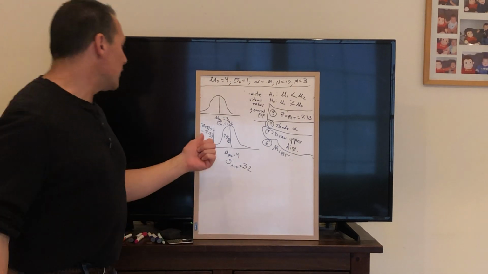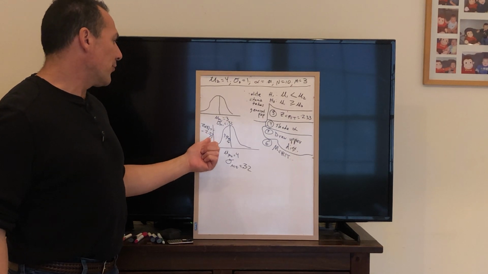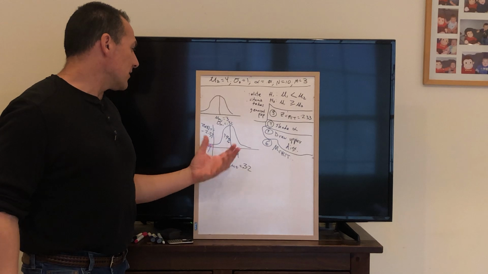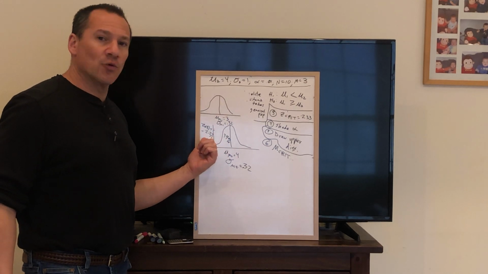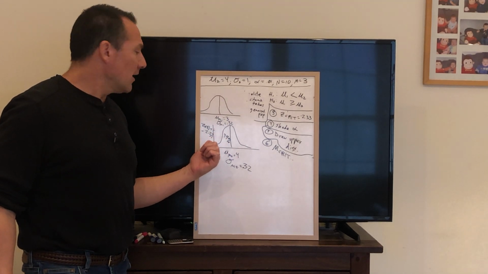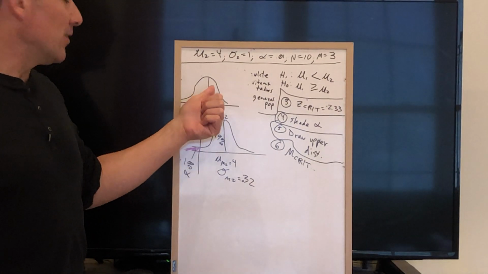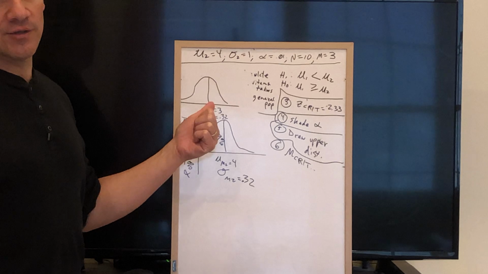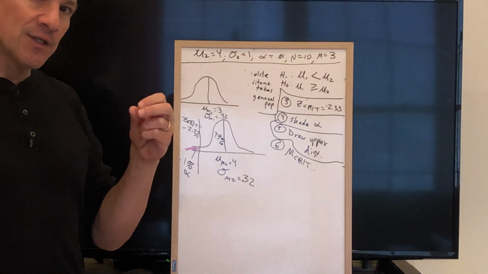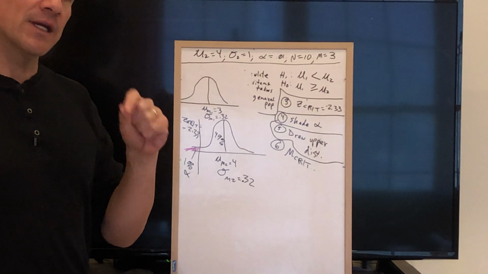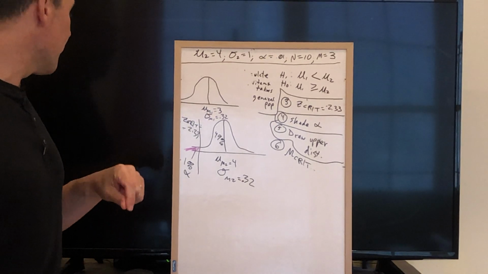So here we have a z-score of negative 2.33. Whatever this score is down here corresponds on this lower distribution to a z-score of negative 2.33. However, that same raw score is going to correspond to a different z-score on that upper distribution, because a z-score is the number of standard deviations above or below the mean a particular raw score is.